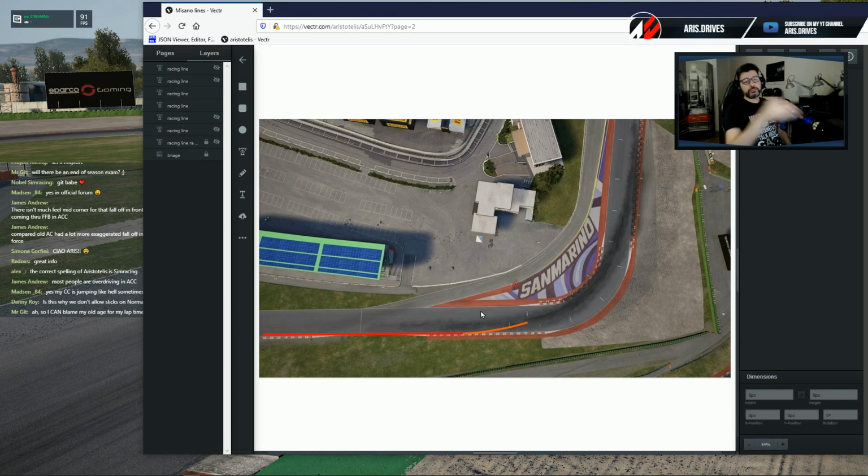The grip is longitudinal, so when you're braking you're asking for all the possible grip you can have longitudinally, and also laterally. Now the key here is that tires cannot give you the maximum of both. You cannot have the maximum of longitudinal and the maximum of lateral. When you start asking for something else, then something else must give in.